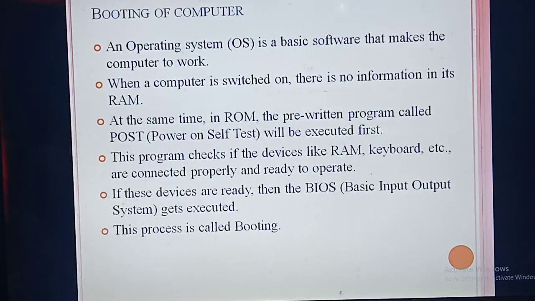Operating system is a very basic software. For example, you have mobile phones in your hand, isn't it? In a mobile phone you might know a lot of software, like Android and all, mobile OS. Have you seen in the mobile phone, at the front one screen will be there? That's the software or OS, operating system. That's a mobile operating system. Likewise, in a computer also an operating system is there.